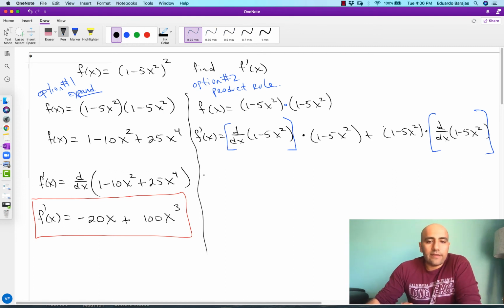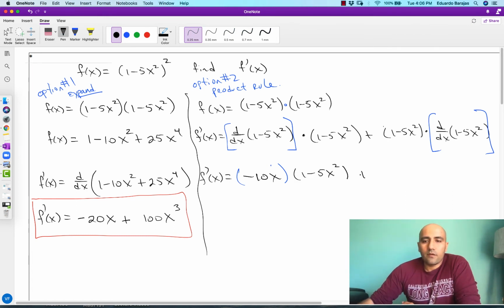Okay, so now let's find this. f prime of x is equal to, the derivative of this is going to be 0 minus 10x. That's the derivative of this guy, 10x, times 1 minus 5x squared, plus now 1 minus 5x squared times the derivative of this one.